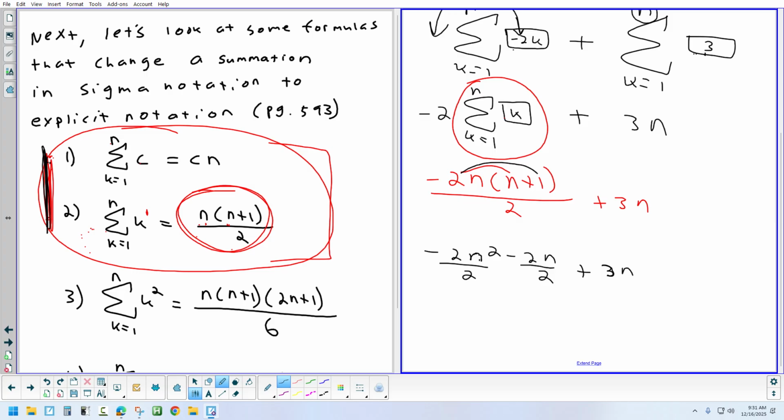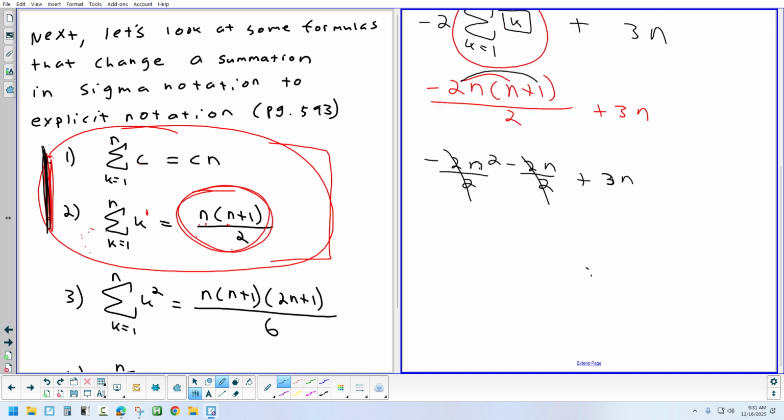So I divided each part separately by 2. What's going to happen to the 2's in the first term? Cancel. And the 2's in the second term? They cancel. So you're left with -n squared minus n plus 3n. But what's -n plus 3n? 2n.